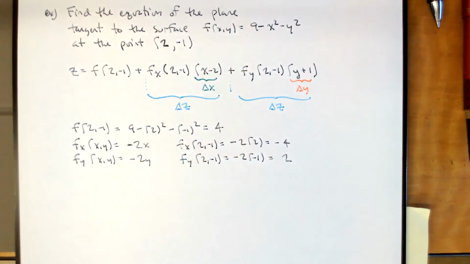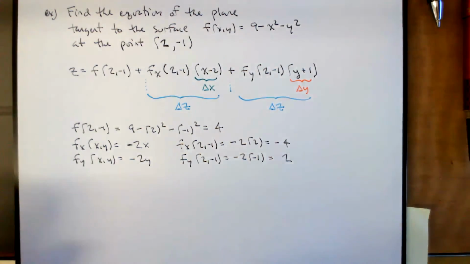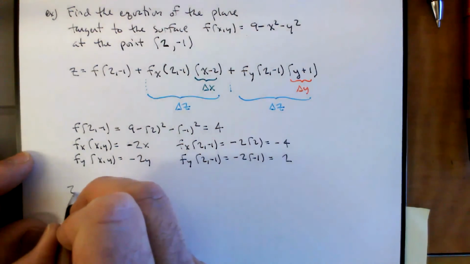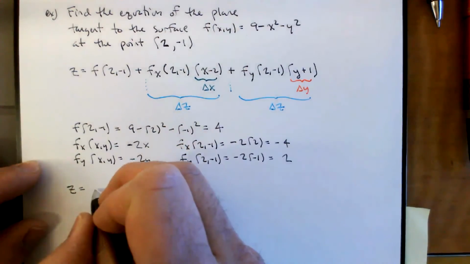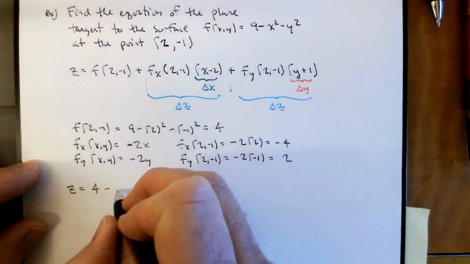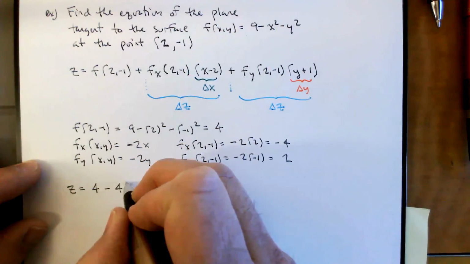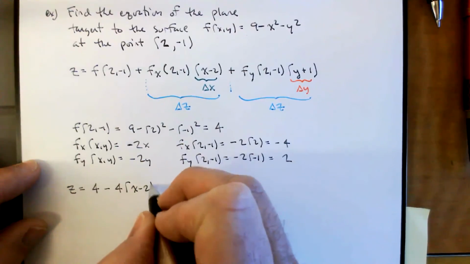Now I've got all the pieces I need to put together into my plane. I'm going to start off at 4 and decrease by 4 whenever x changes from 2.